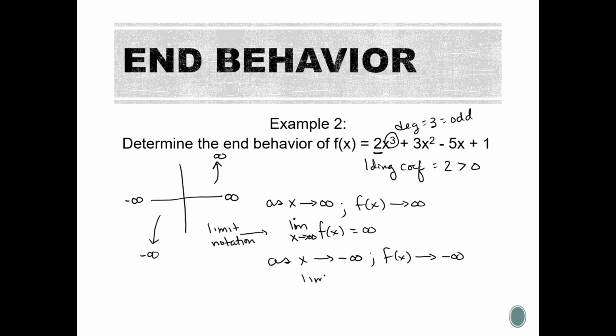And we would say the limit as x goes to negative infinity of the function is negative infinity. Limit is a very useful concept, and we use it a lot in calculus to describe what a function is approaching as x approaches some value. And when we're talking about end behavior, x is approaching an infinity, either a positive or a negative. So two different notations. Let's do another one.